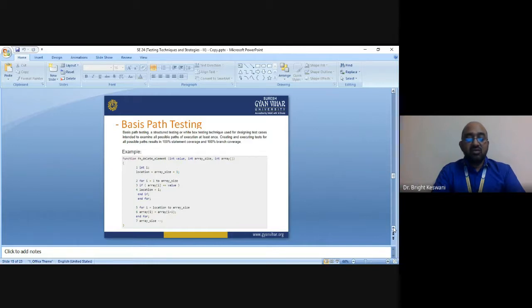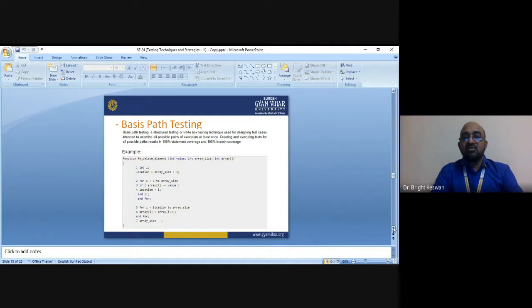To be able to determine the different program paths, the engineer needs a representation of the logical flow of control. So the flow of control, you can understand through this program, which provides a basic understanding of basis path testing.